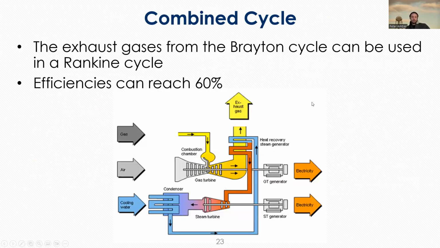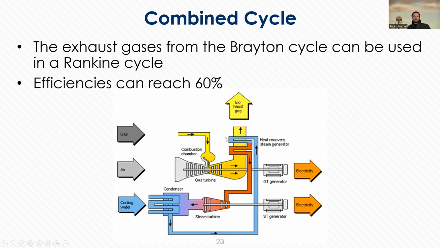And so it turns out you can actually take advantage of that. If we look at this diagram here, you can see your Brayton cycle gas turbine right here in the gray and yellow. And your hot exhaust gases can actually be used to heat water. And that can then be used to power a steam turbine.